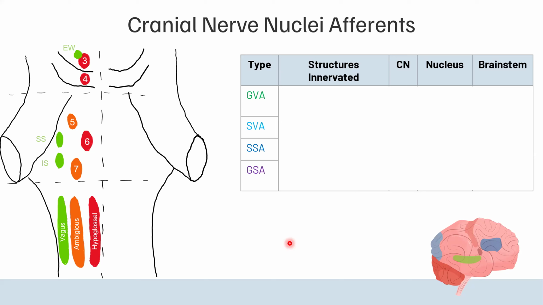What is going to be a sensation from parasympathetic? Can you guys think of something? The tongue, taste. Okay, would we consider this to be parasympathetic taste?